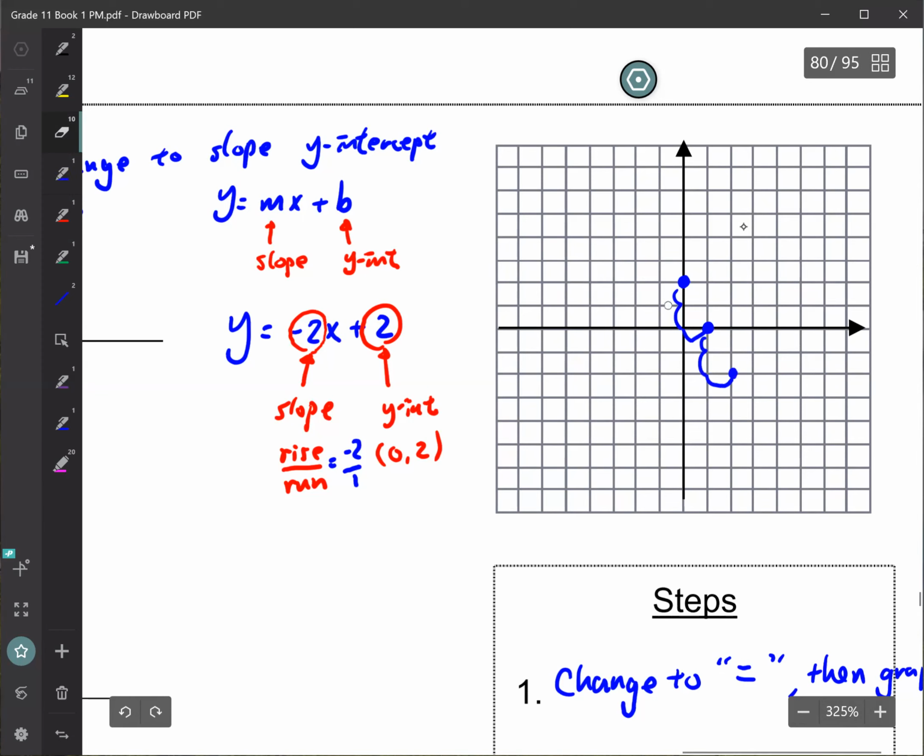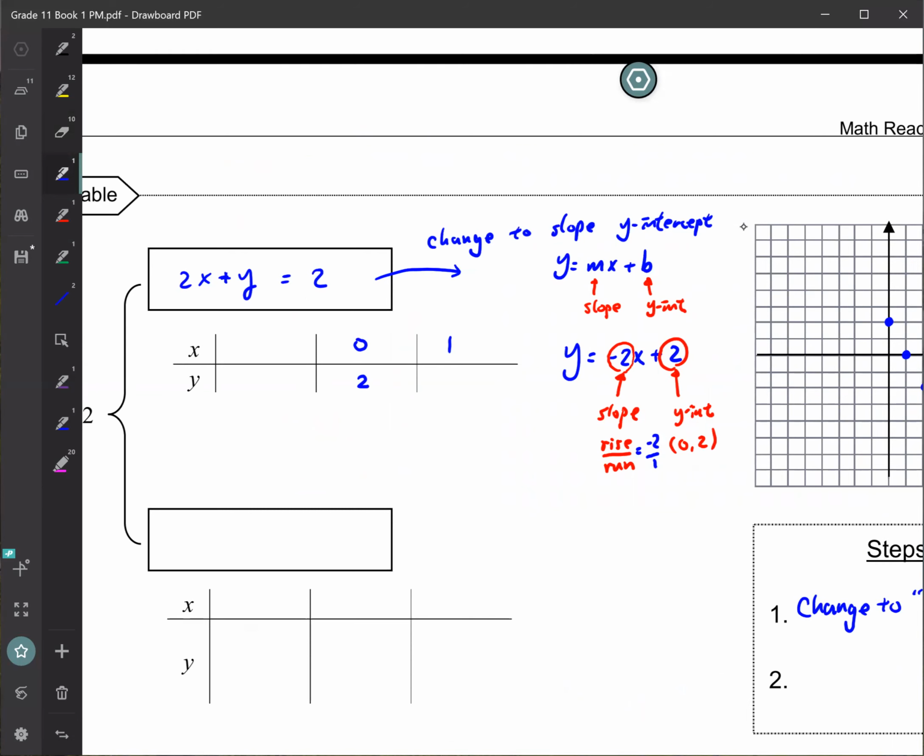You can plug in x equal to 1 into the x and then calculate. 2 times 1 plus y equal to 2. So you solve for y will be 0. So 1, 0, that's a point. Or on the left side, you can plug in negative 1.